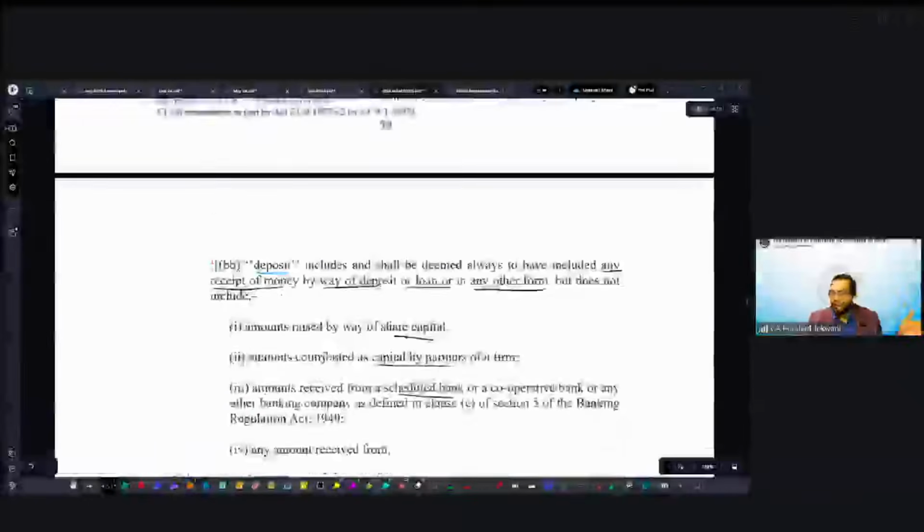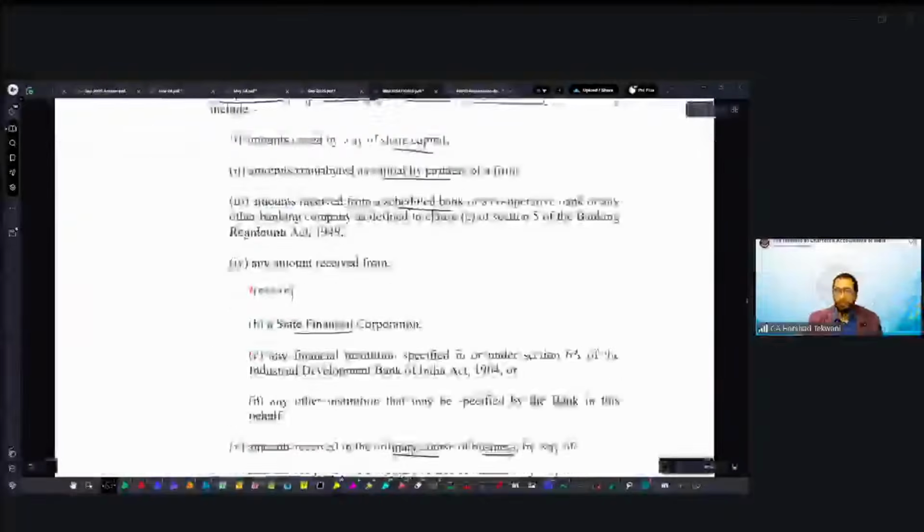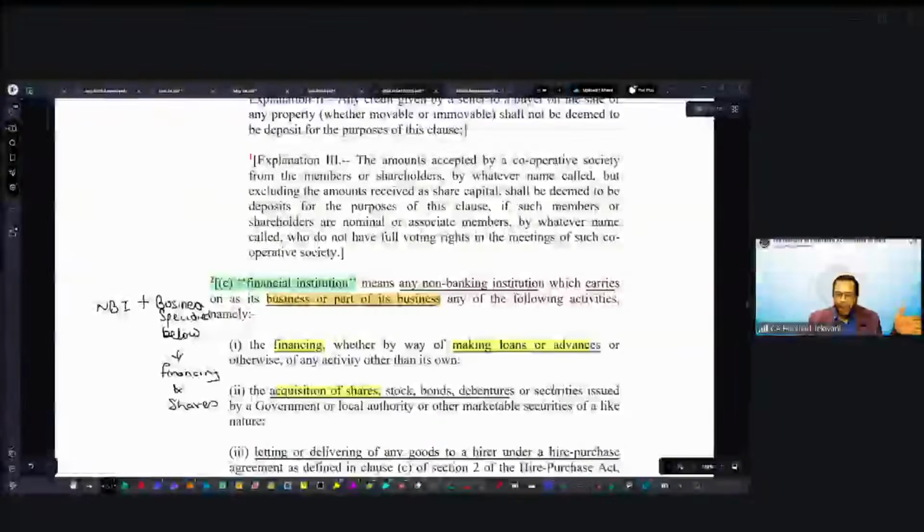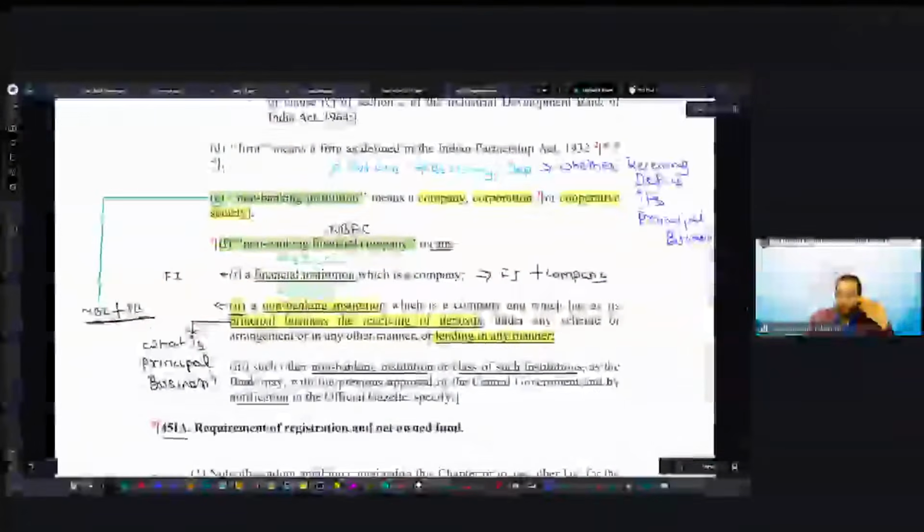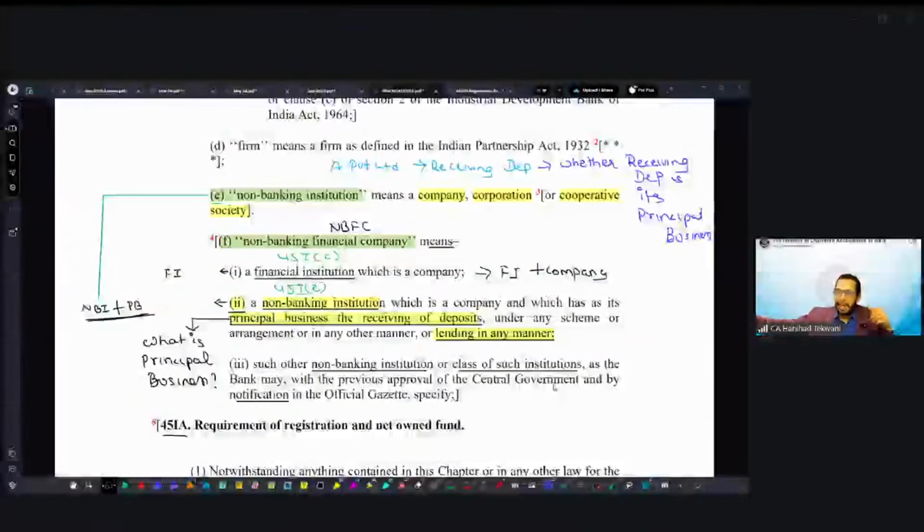A again says go back to the C and F. So the main hierarchy is: start with F, non-banking financial company, go to C and E, understand what is there, understand principal business, and then go to the registration requirements.